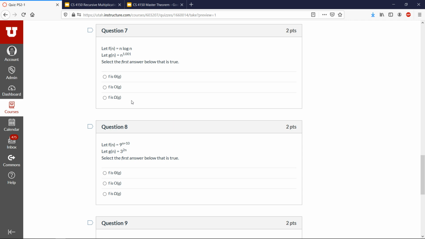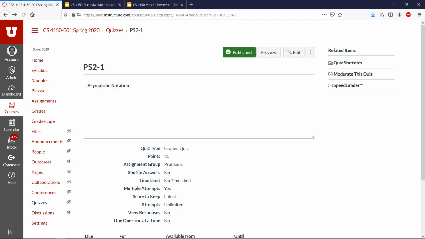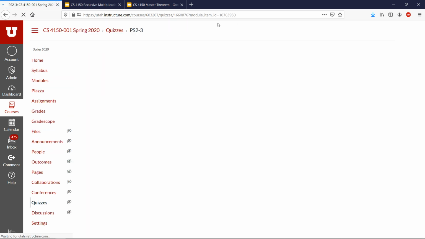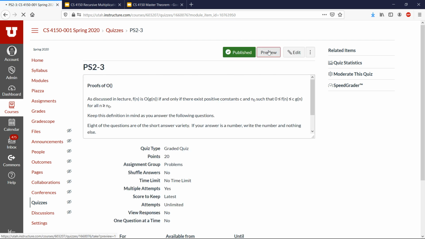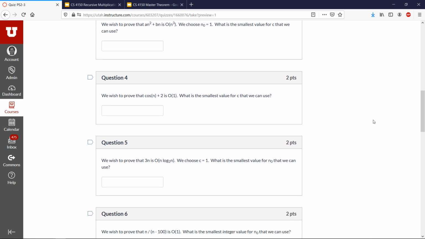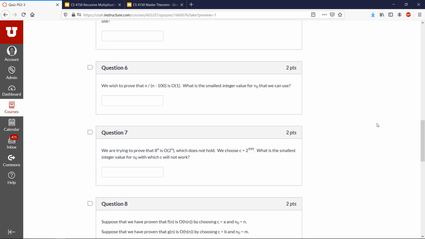You had a question back there. I had a question on one of the problems on PS2-3. Question 4 or 5. 2, 3. 6. Can we just set C to anything in this problem?